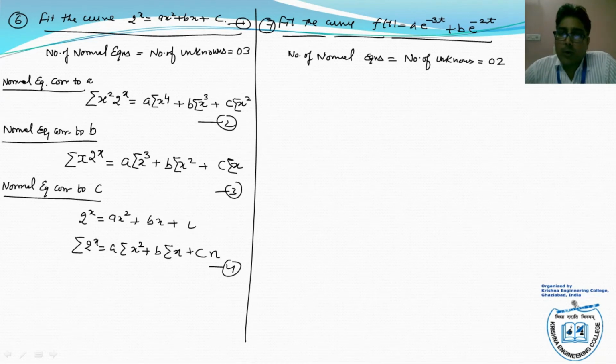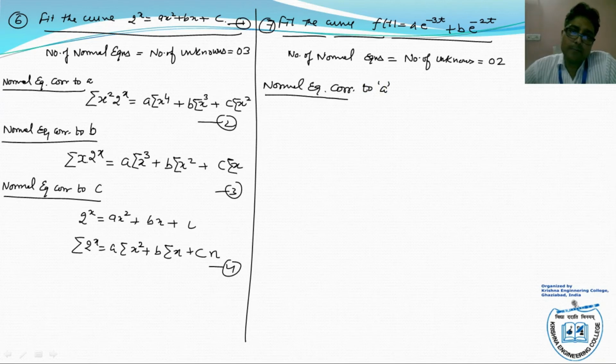Normal equation corresponding to constant A. Multiplying equation first. Here the coefficient of A is e to the power minus 3t. So multiplying the whole equation by e to the power minus 3t and then take the summation.